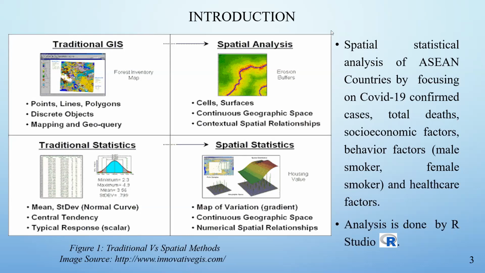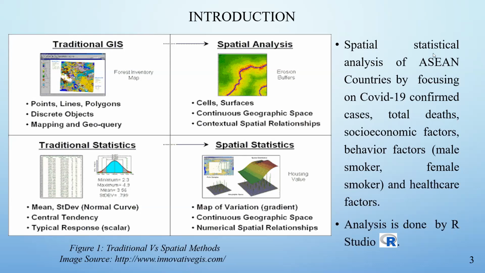In traditional statistics we can compute common values from our attributes, but with spatial analysis we can examine variation, like gradient changes over continuous geographic space. This picture was taken from online.